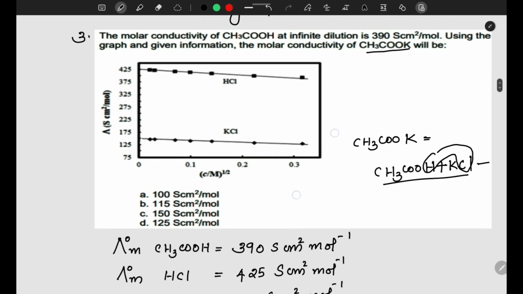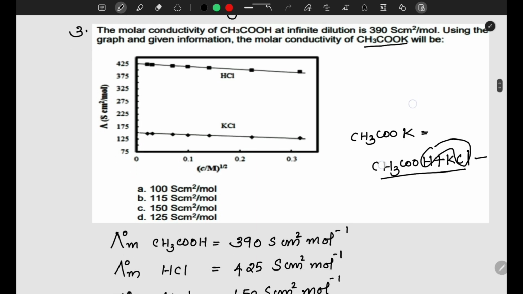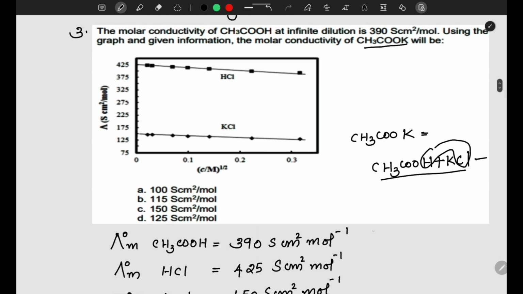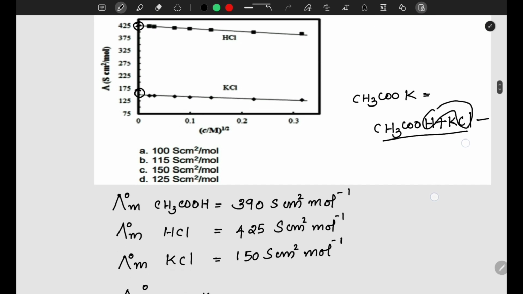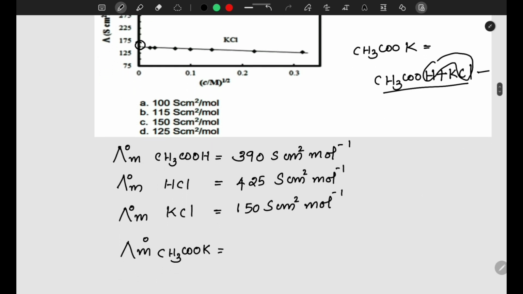So the limiting molar conductivity of acetic acid is given in the question as 390 Siemens centimeter square mole raised to minus 1. And from the graph we can find out the limiting molar conductivity of HCl, that is 425, and KCl as 150. It is between 175 and 125, so we can take it as 150.